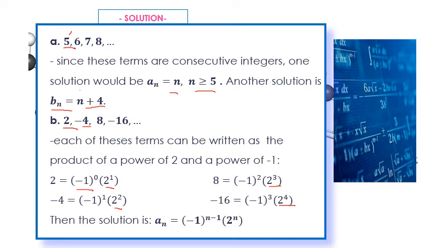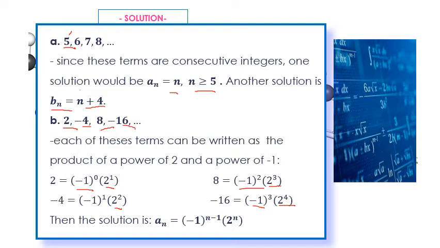Next, negative 1 squared. So that is positive 1. So that is times 2 cubed is equal to 8. For negative 16, negative 1 cubed. Negative 1 cubed is negative 1 multiplied by 2 raised to the power of 4, which is 16.